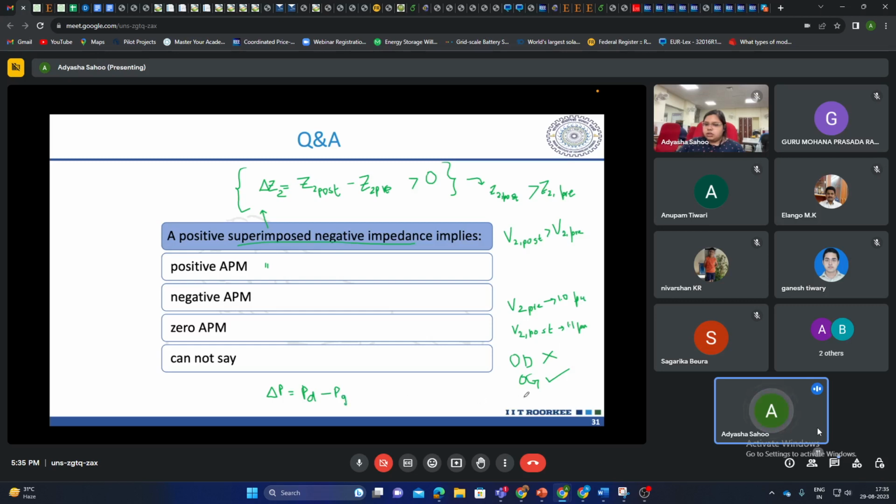Over generation means your P generated is greater than P demand, right? So the mismatch will be negative, right? Negative. So we can deduce here that if we have a positive superimposed negative impedance, it is implying a negative active power mismatch.